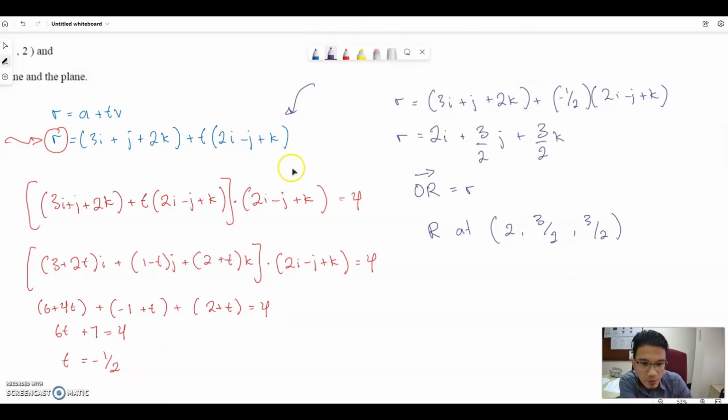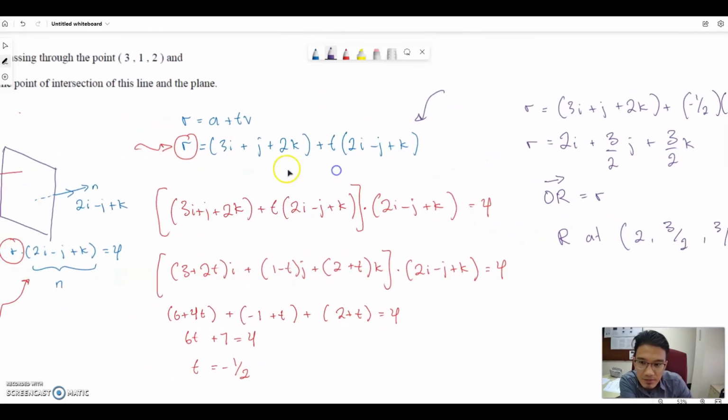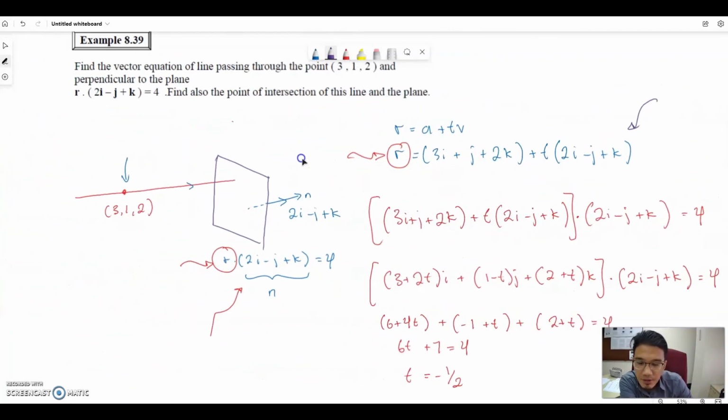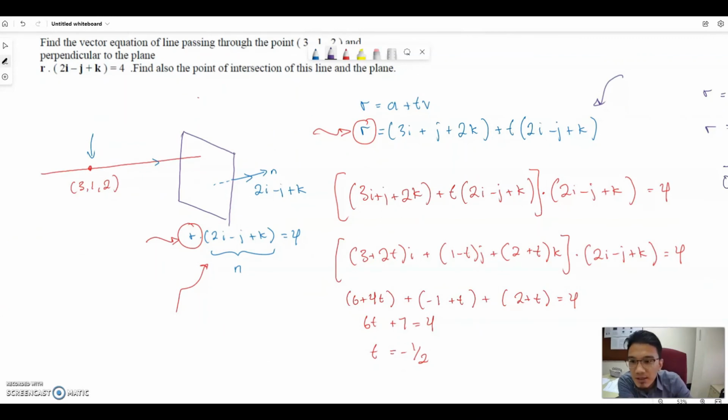If you wonder why we are looking for the position of r, it is because r is actually any point along the line. As I always say, r is movable, so r can be anywhere along the line, and r is also any point on the surface of the plane.